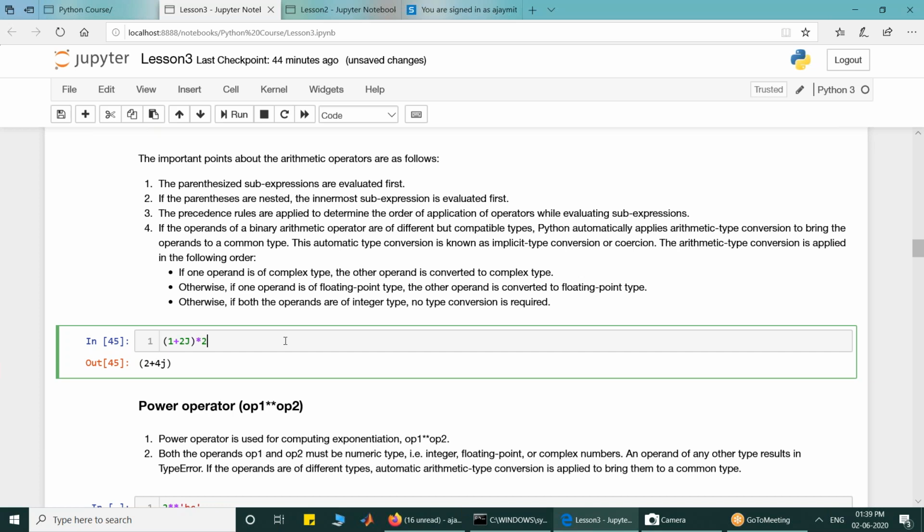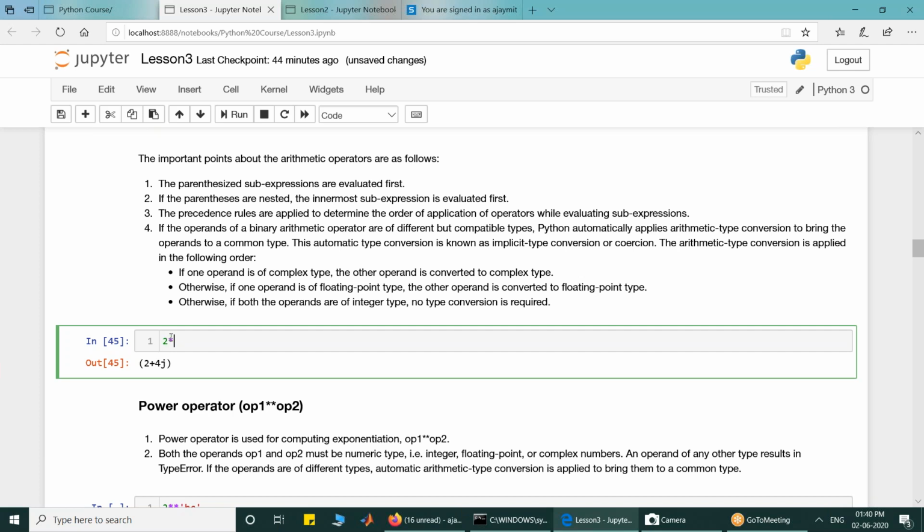When the execution is going on, you will not know, but for the sake of understanding, you must know that if complex and integer are multiplied, firstly the integer will get converted to complex, and then multiplication will be carried out.